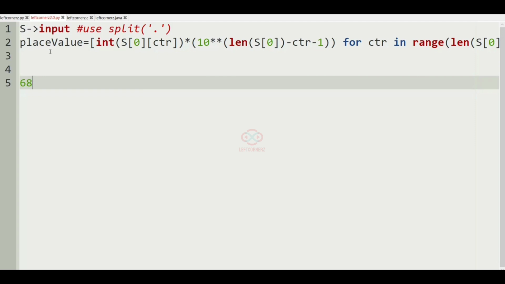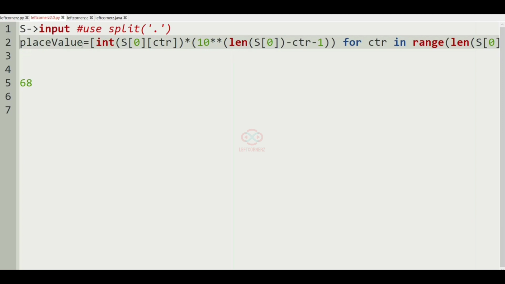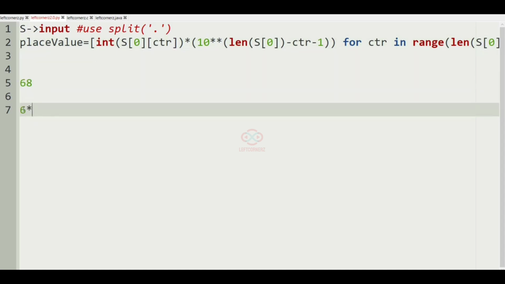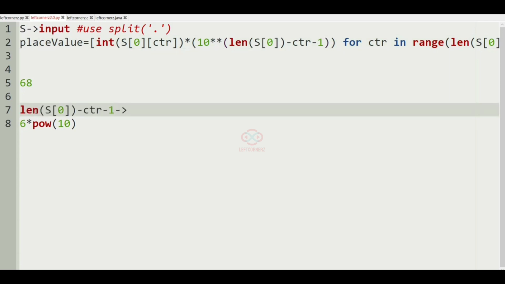So if we consider 68.59, here for 68, by iterating over the length of s of 0, first the s of 0 value will be taken, that is 6, and then we have 10 to the power of length of s of 0 minus ctr minus 1, which represents 2 minus 0 minus 1, which is 1.